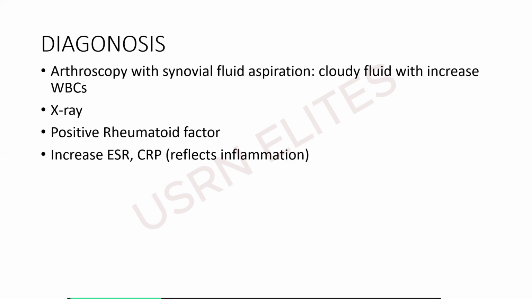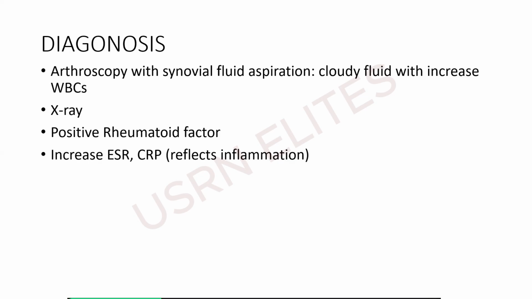X-ray can also show that there's damage to the joint, to the synovial membrane, and they can even see the pannus formation. Positive rheumatoid factor. That is the antibody that we are talking about, because this antibody is going to initiate the whole cascade.